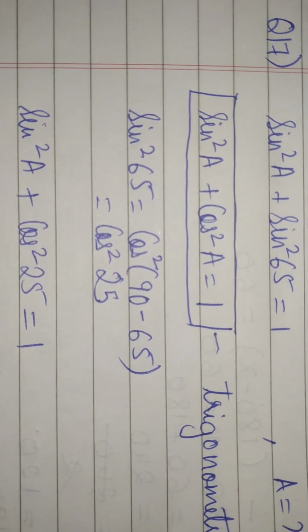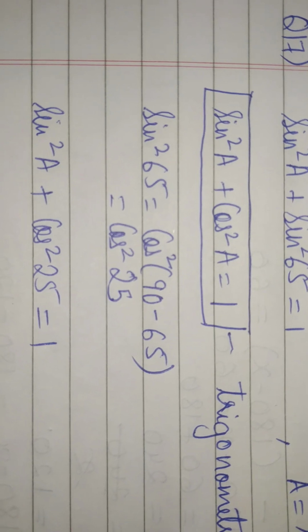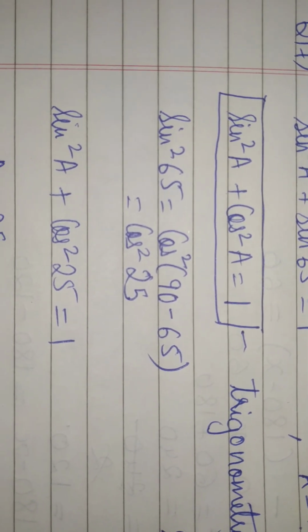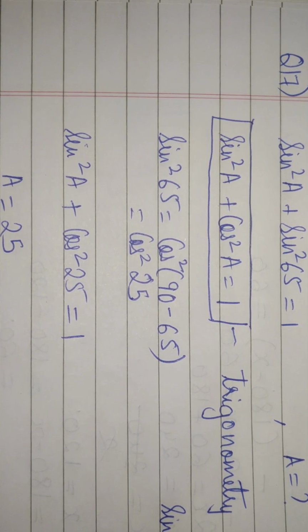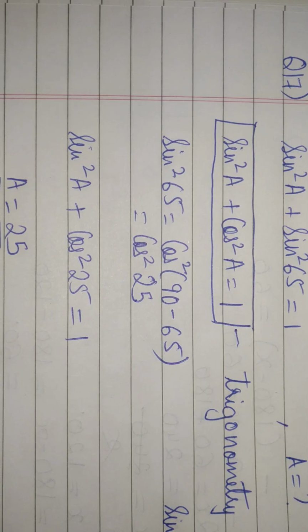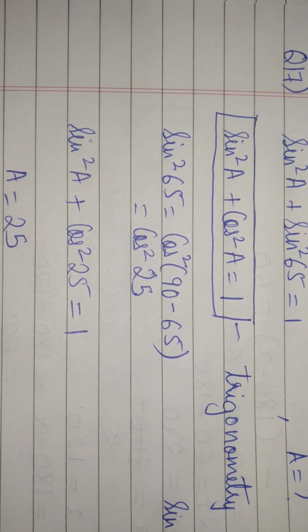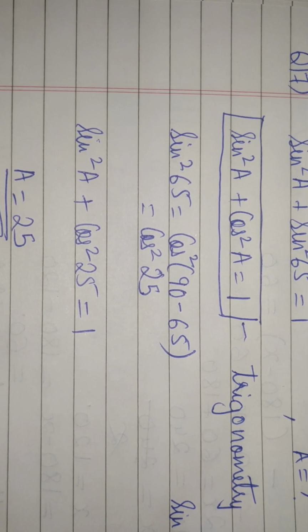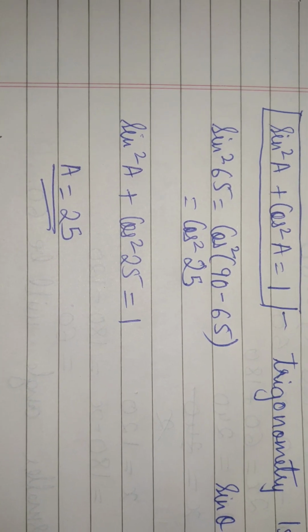Sine square 65 is equal to cos square of 90 minus 65. So you will get cos square 25. So then I will substitute in that equation, sin square A plus, in place of sin square 65, cos square 25 is equal to 1. So the value of A will be 25.